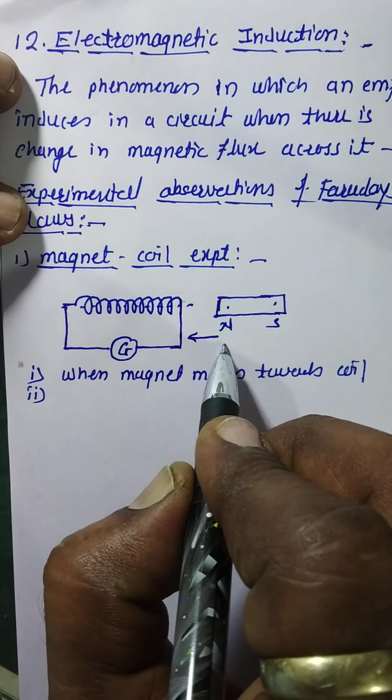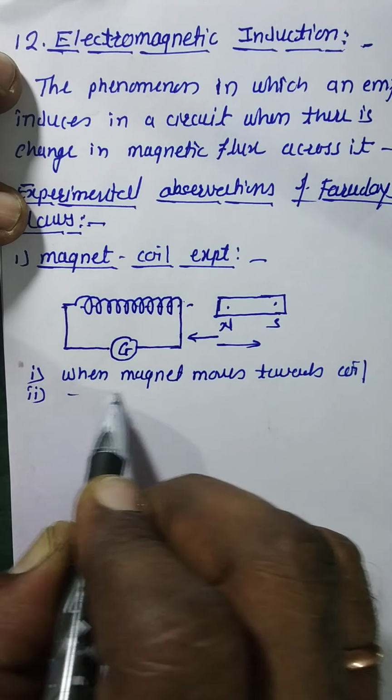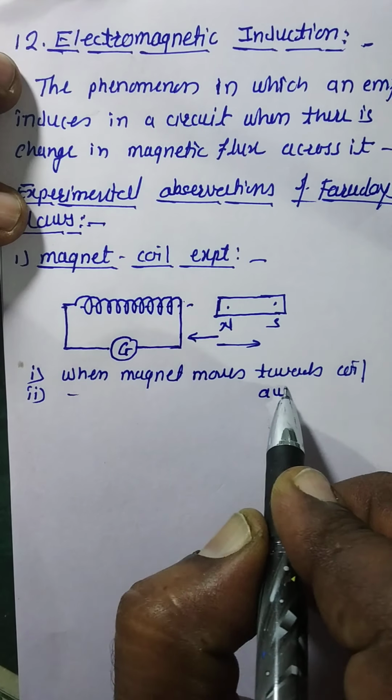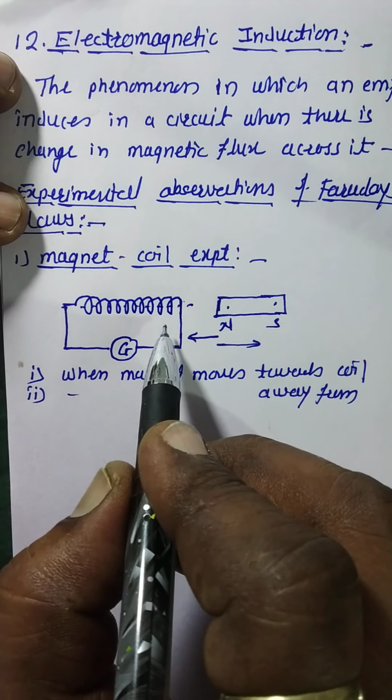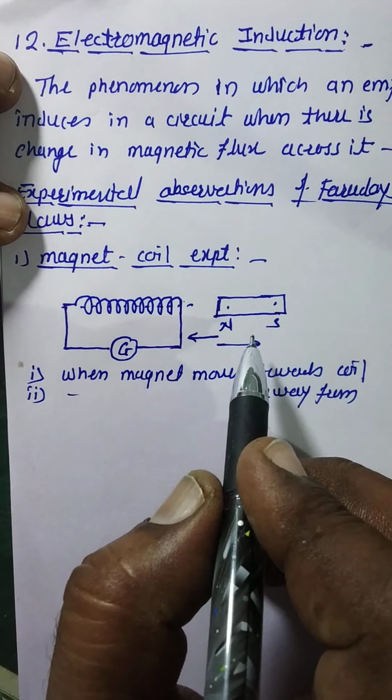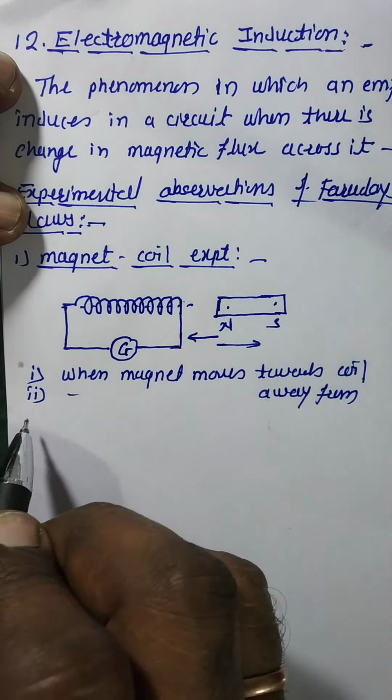Second, when magnet moves away from coil, then again galvanometer shows deflection, but in opposite direction.